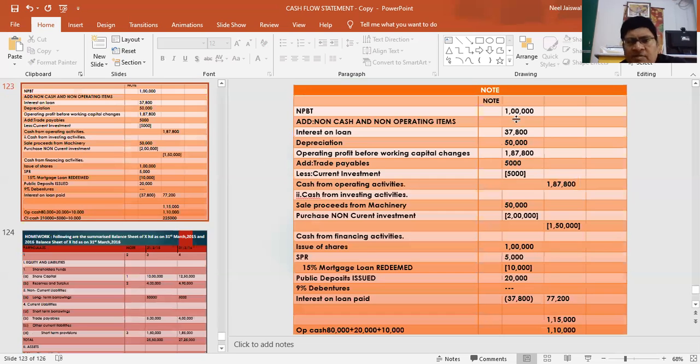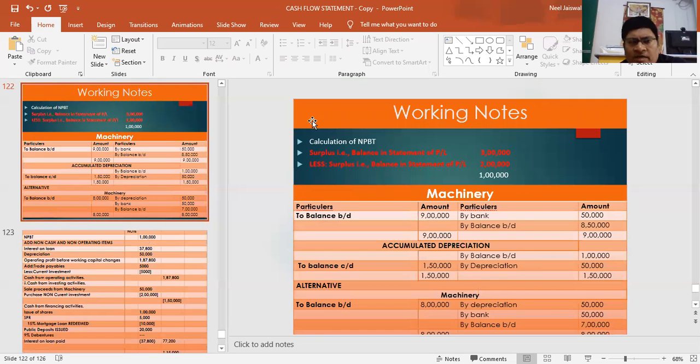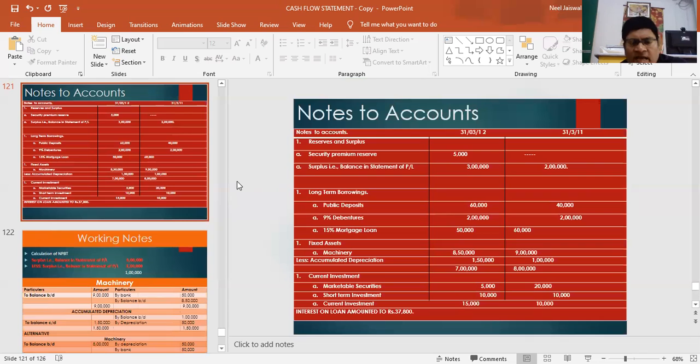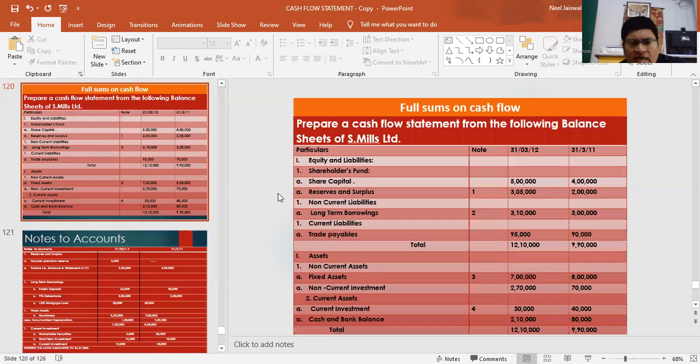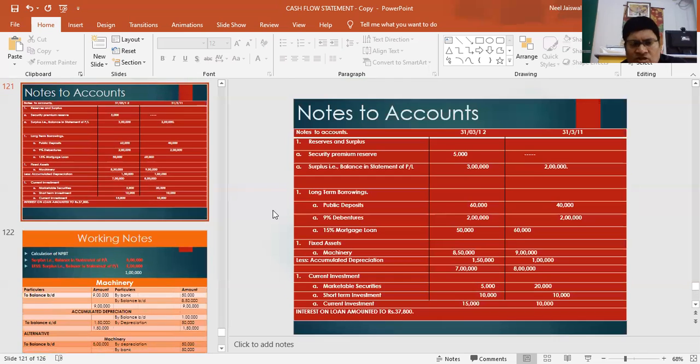See, NPBT 1 lakh. Then add non-cash and non-operating items. So what are our different non-cash and non-operating items? We will see them mostly in the adjustment. Adjustment: interest on loan amounted to 37,800.